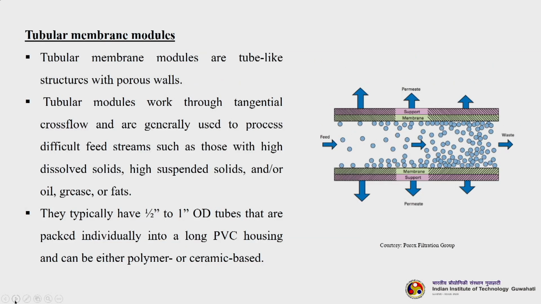So, next were the tubular membrane modules. In the tubular system the membrane modules are tube like structures with porous walls. You can see how it happens. This is a single tube. This is your membrane.